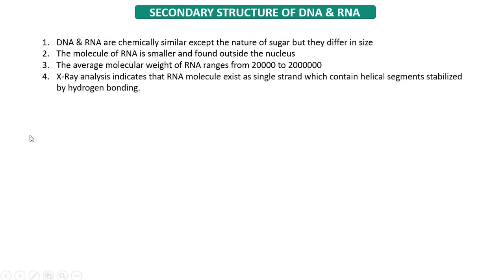Then the X-ray analysis of the RNA molecule shows that it exists as a single strand, which contains helical segments stabilized by hydrogen bonding. So if you do the X-ray analysis of RNA, it is observed that RNA is a single stranded molecule, but it is also in helical form and it is self-complementary, so it doesn't require another strand to stabilize.